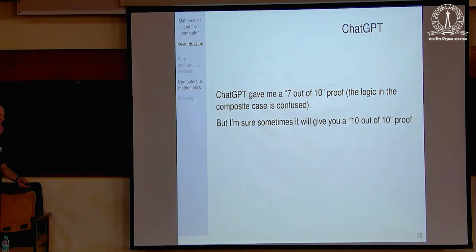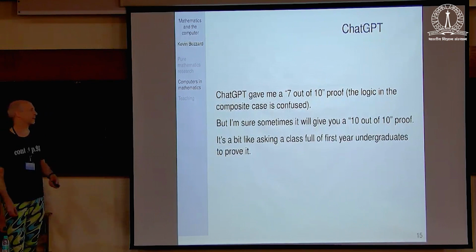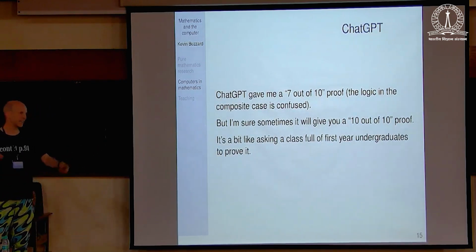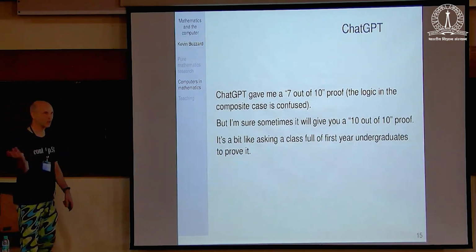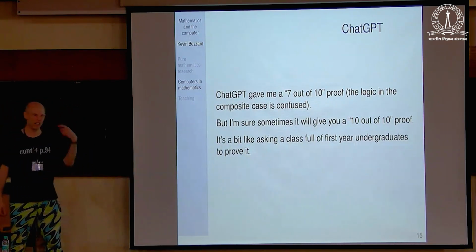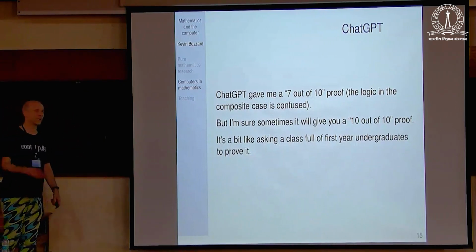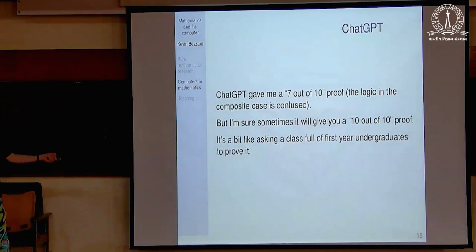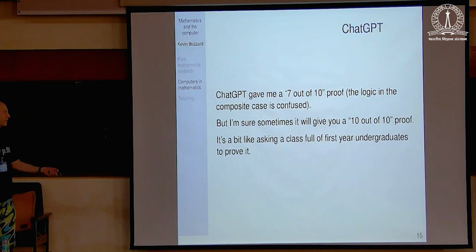So you get the impression that getting ChatGPT to prove there's infinitely many primes is just like asking a room full of 300 undergraduates to write down a proof, and they hand something in, and you'll get good ones and bad ones. They'll all kind of know it, but some of them will explain it well, and some of them will explain it poorly. And that's not surprising because ChatGPT is trained on the internet, and a lot of the internet is written by undergraduates. So it's copying what it sees, right?